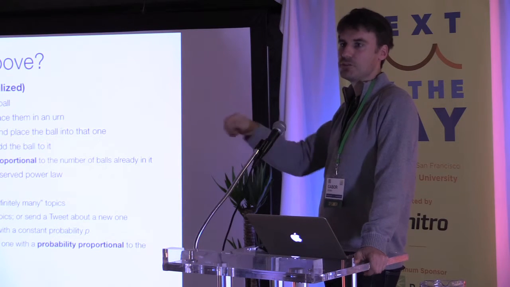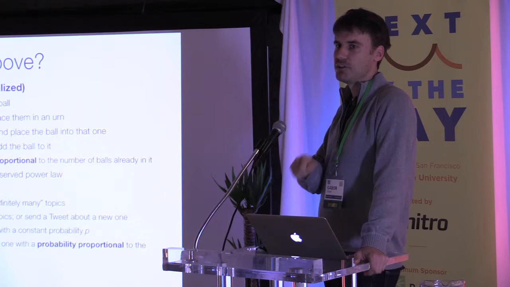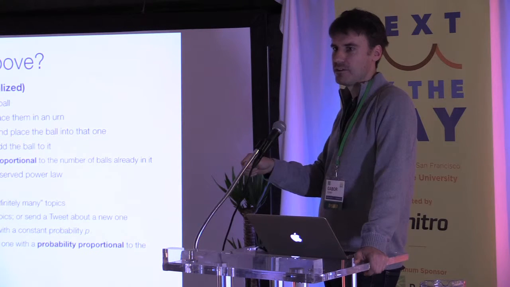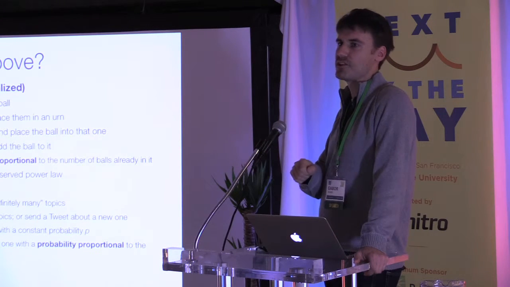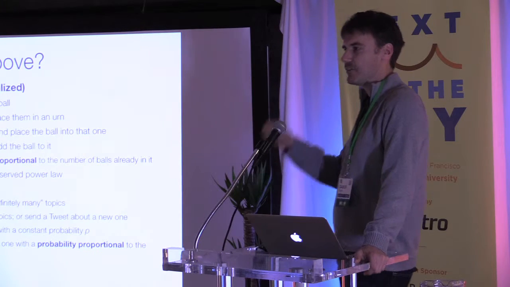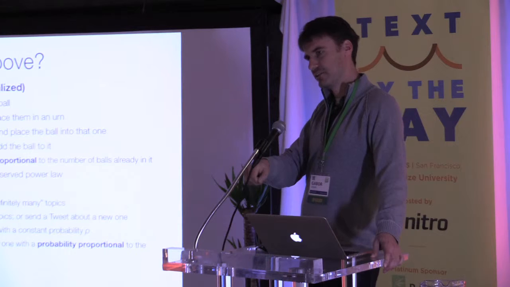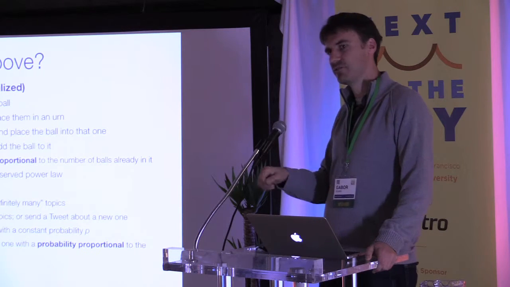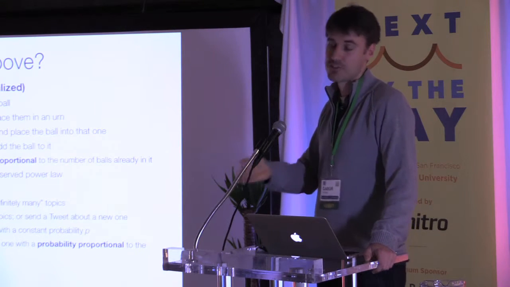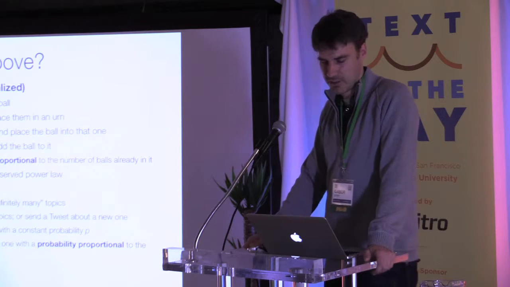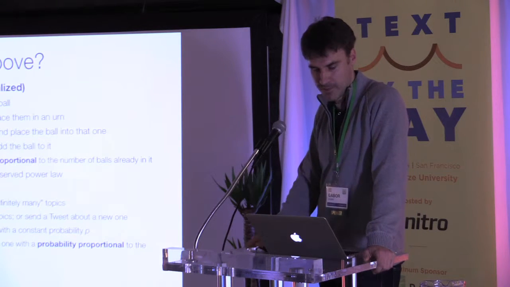Which urn we choose is decided with a probability proportional to the number of balls already in that urn. So if an urn already has a lot of balls in it, we are going to drop the ball into that urn with a much higher probability, linearly proportional to the number of balls.